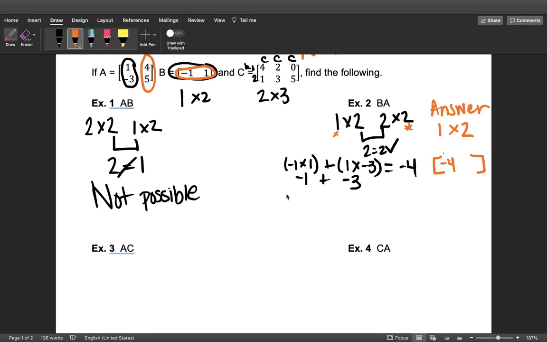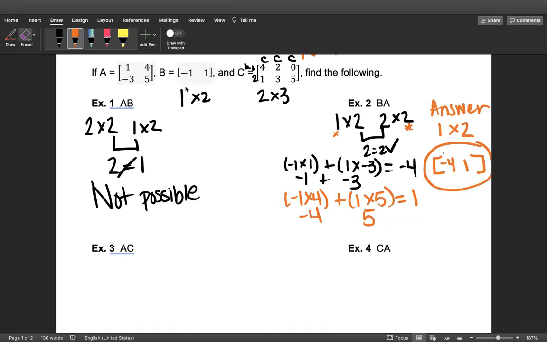So -1 times 4 gives me -4, and 1 times 5 gives me 5. Add those together, so 5 minus 4 is going to give me 1. And there would be your answer. Now everything has been multiplied. Okay, so moving on to example 3.